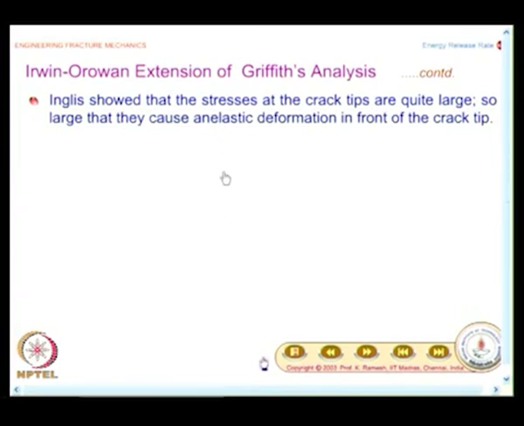and while justifying their modification, they again bring in the contribution by English. English showed that the stresses at the crack tips are quite large, so large that they cause anelastic deformation in front of the crack tip. See, you have to look at this statement from the context of the time while it was developed.